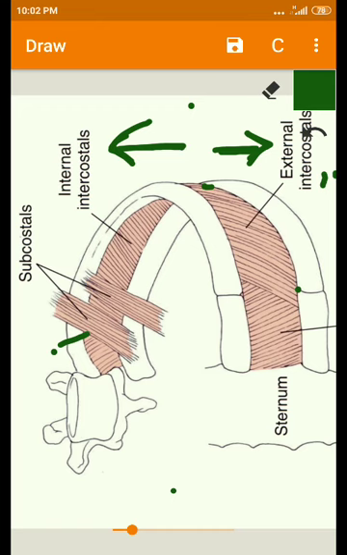Okay, now we will see one by one. One is the levatores costorum, and then the transverse thoracis, which is also called triangularis sterni or sternocostalis. Okay, and also the scalene muscles. These three groups of muscles also help in quiet respiration.